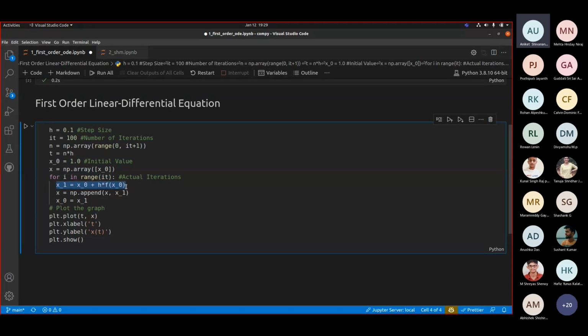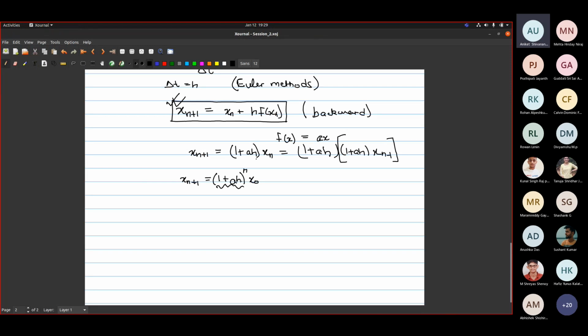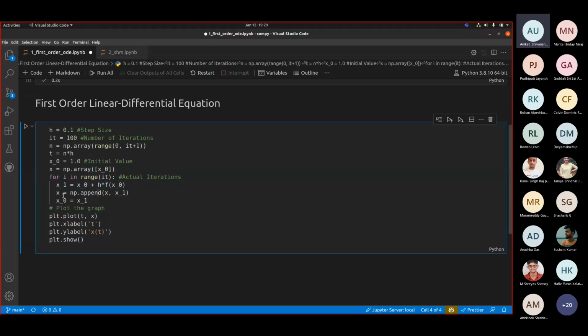This is the same as this equation. This is the same as this equation. Then I will append this value x1, the new value that I've calculated, to this x array again.